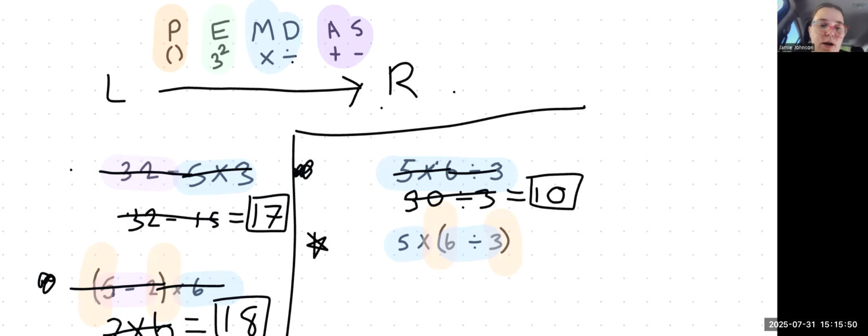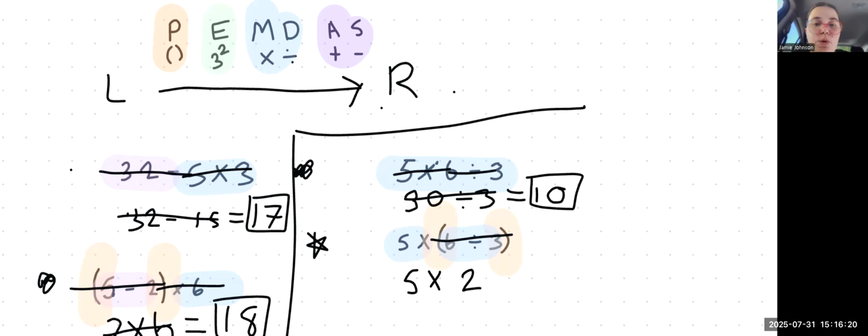Working from left to right, looking for parentheses. And we look from left, 5 times parentheses. We've got parentheses. We've got to do it first. 6 divided by 3, right? So we got to do that first because of the parentheses. 6 divided by 3 is 2. So I can cross that out, and we can write 5 times 2 now, and just bring the rest of our equation down.